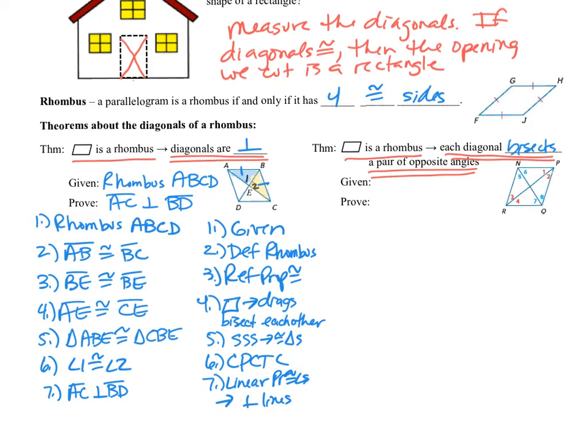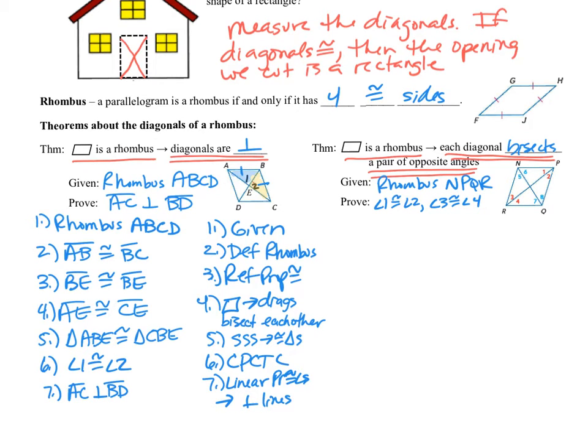Our hypothesis, what we're given, is that we have a rhombus NPQR, and we're going to prove that angle 1 is congruent to angle 2 and angle 3 is congruent to angle 4. In other words, diagonal PR is bisecting a pair of opposite angles.